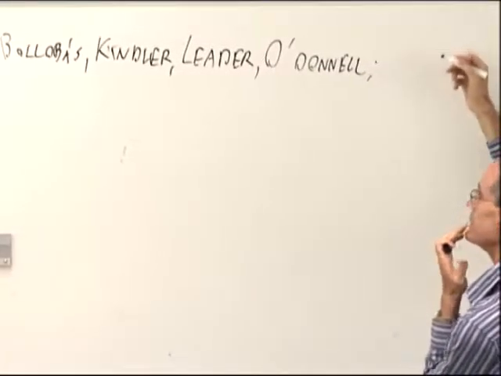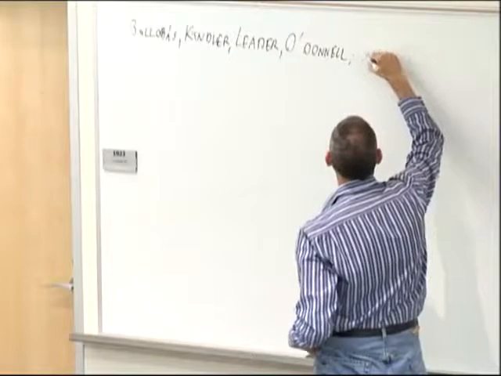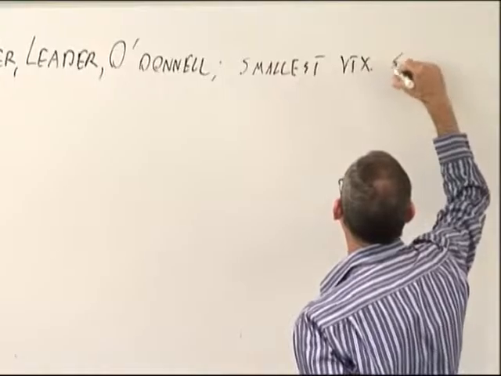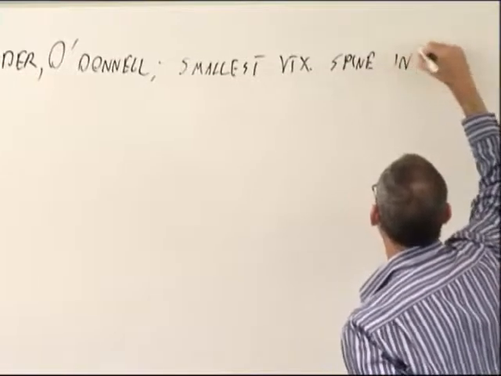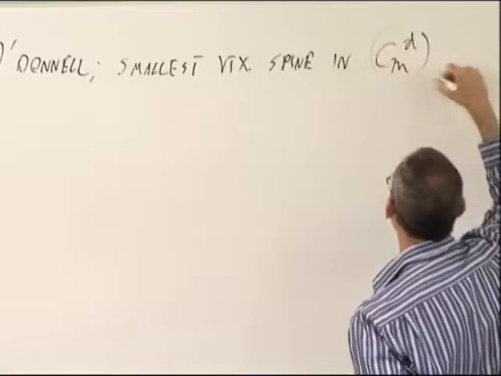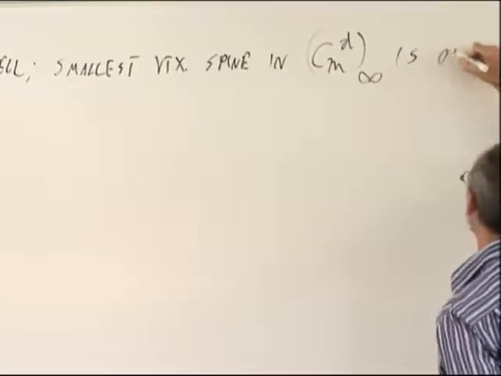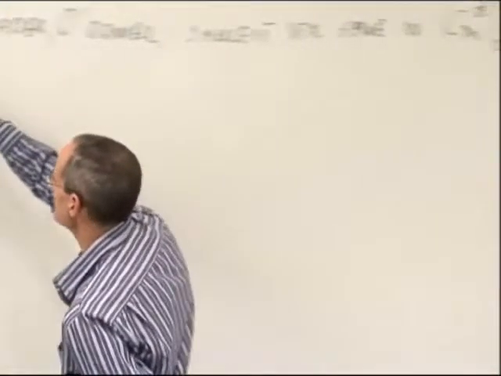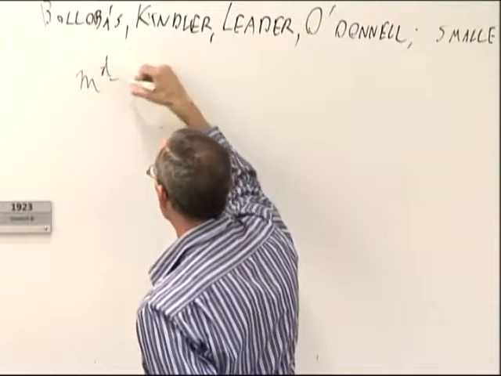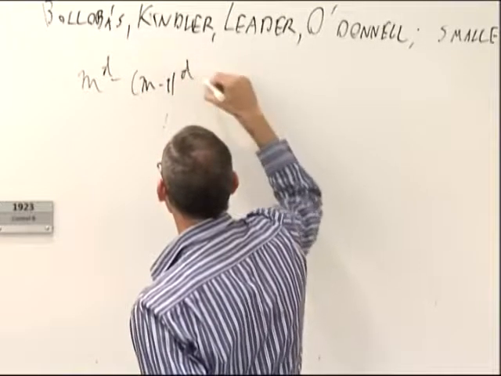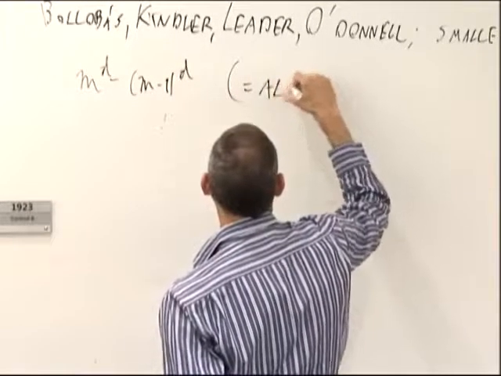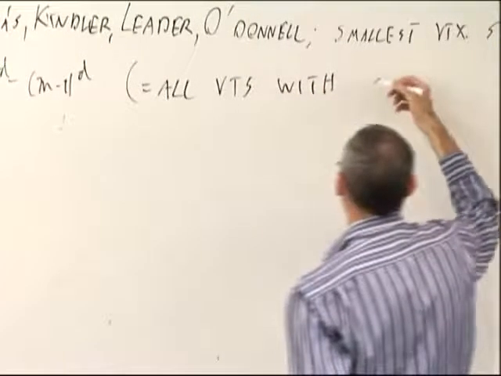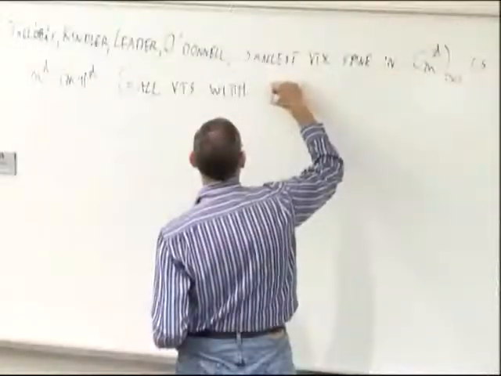They proved that the smallest vertex spine in this CMD infinity is of size, here we know exactly what it is, exactly m to the d minus m minus 1 to the d, namely all vertices with a 0 coordinate.